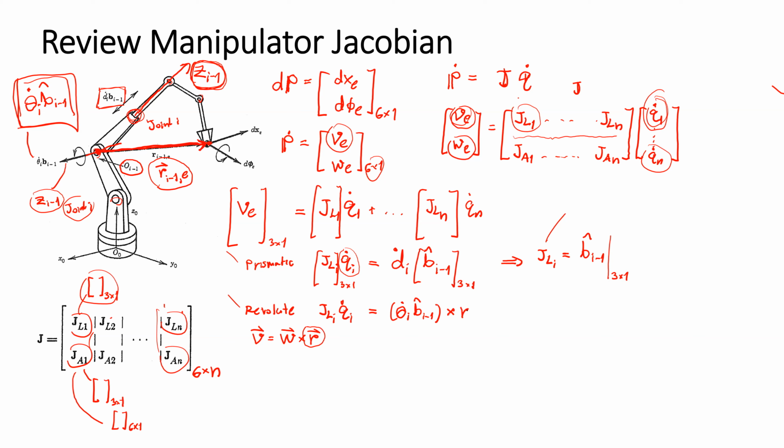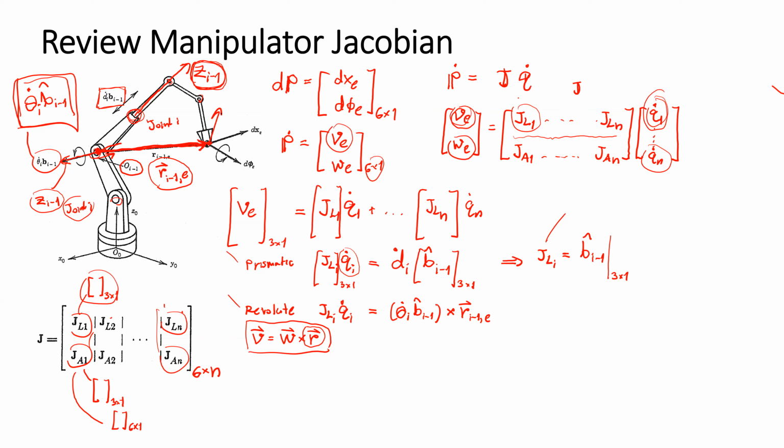The cross product between omega and the relative position vector, if you use the right-hand rule to obtain the cross product, you will get the direction of the velocity at the endpoint.